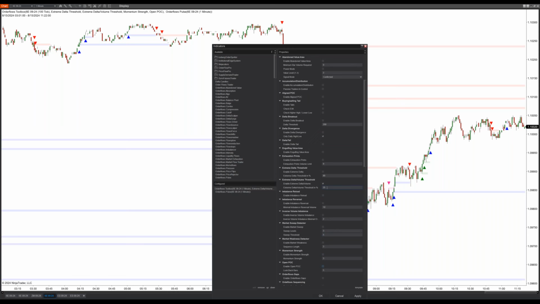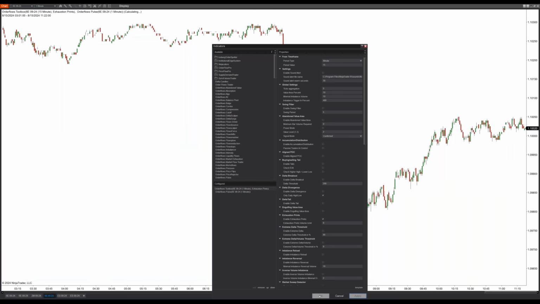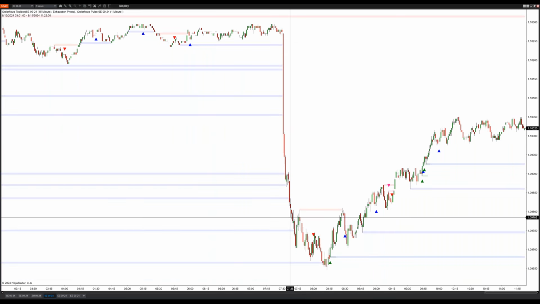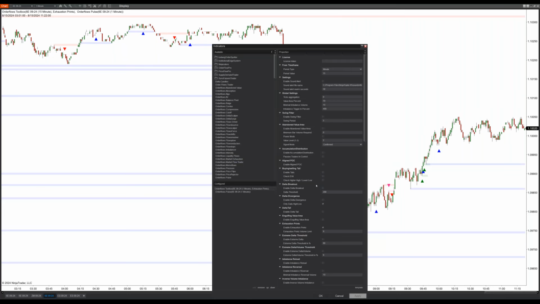I've always liked exhaustion prints. This is the exhaustion print on longer time frames, so I put in here 15 minutes. Okay, I got the pulse on here. Get that off.